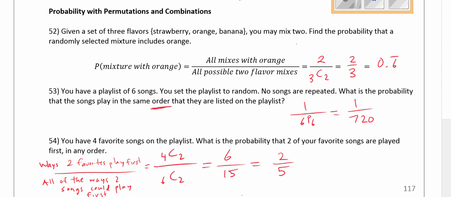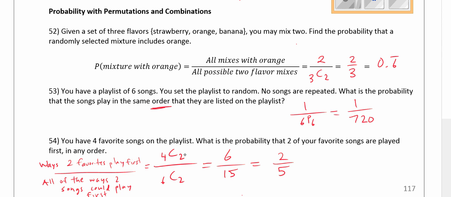Let's take a look at 54, which is the most complicated example here. You have 4 favorite songs on this same playlist. All right, back from problem 53. What's the probability that 2 of your favorite songs are played first in any order? Okay, so in any order means order doesn't matter. So the ways your 2 favorite songs could play is, well, you have 4 favorite songs, and you want to know how many ways 2 of them can play.